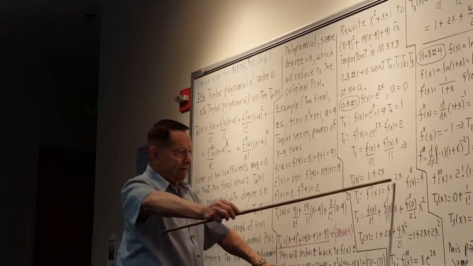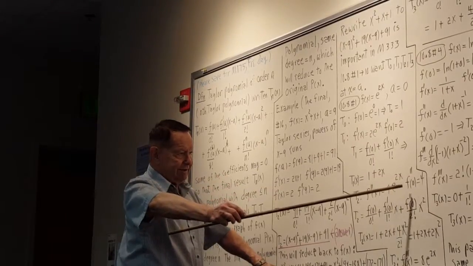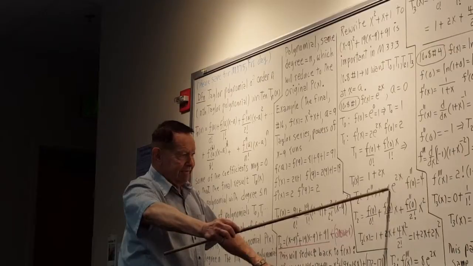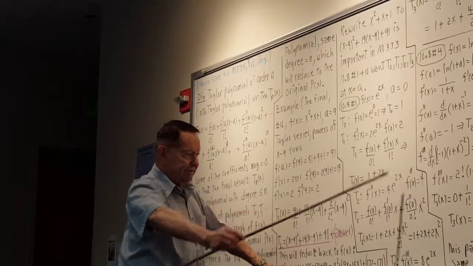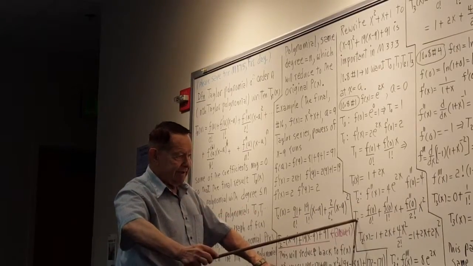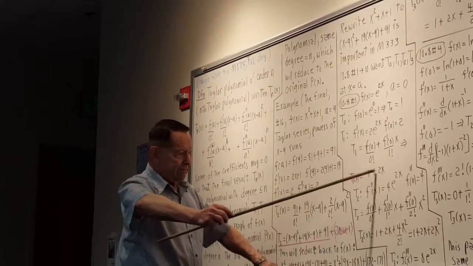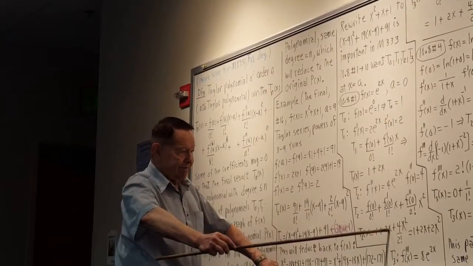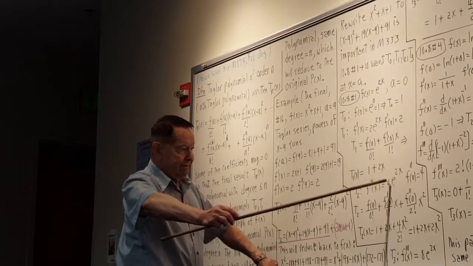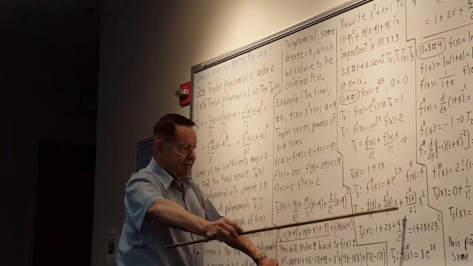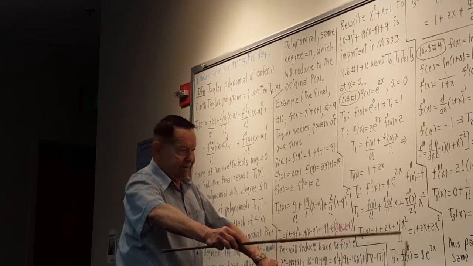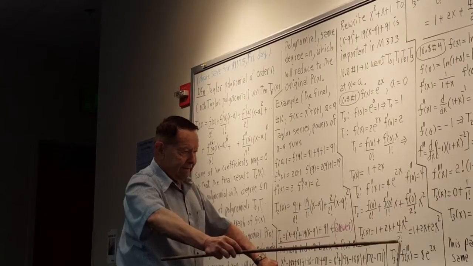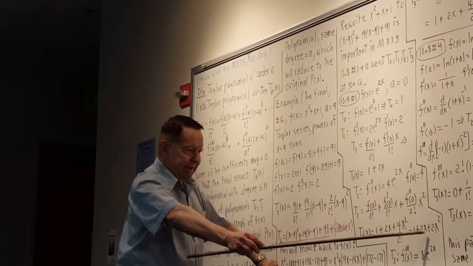So you get 4 e to the 2x, and at 0, you just have the value of the coefficient. So your T2 will be, repeat this, 1 plus 2x, and then your coefficient here, 4 over 2 factorial x squared. And you can simplify to that.